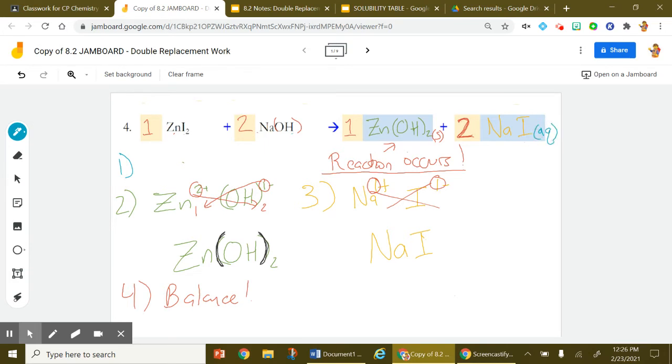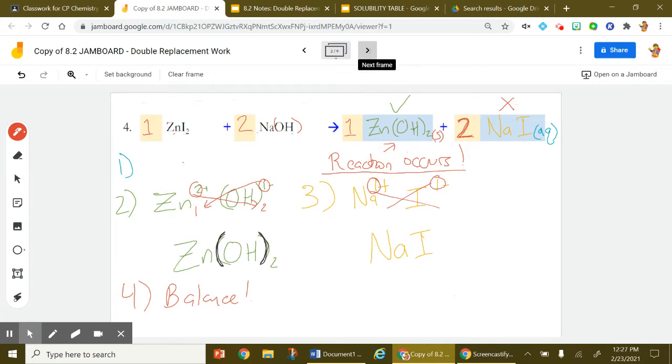So sodium iodide would not cause a reaction to occur, but that doesn't really matter here because the zinc hydroxide, the other product, does cause a reaction. You only need one of your products to be a solid, a liquid, or a gas.